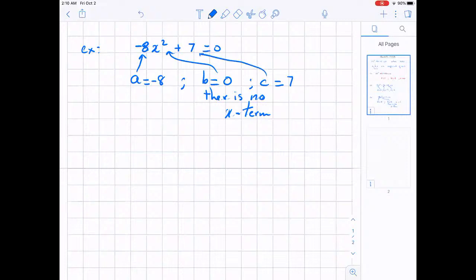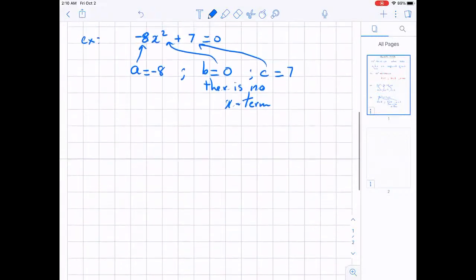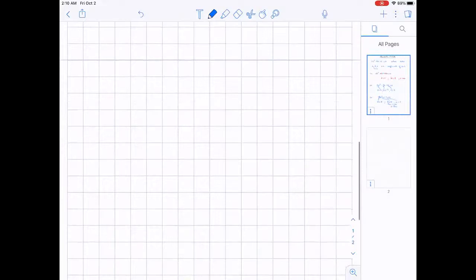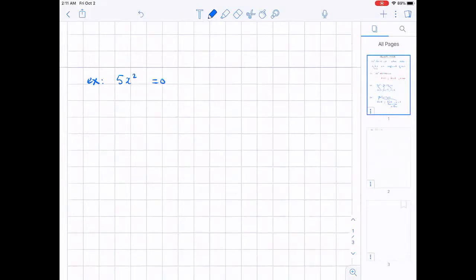So we did say that b can be 0, c can be 0, but a can never be 0. If we look at the example 5x squared, here we have a equal to 5, b equal to 0, c equal to 0.